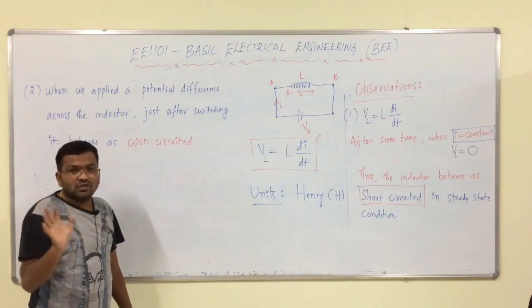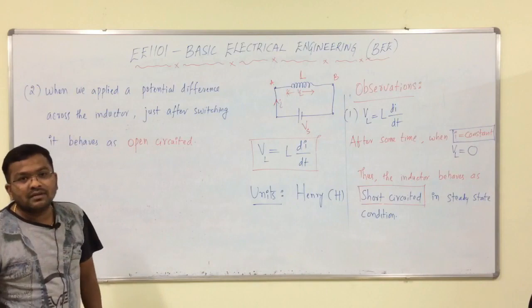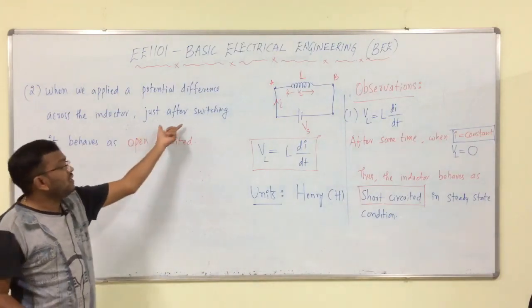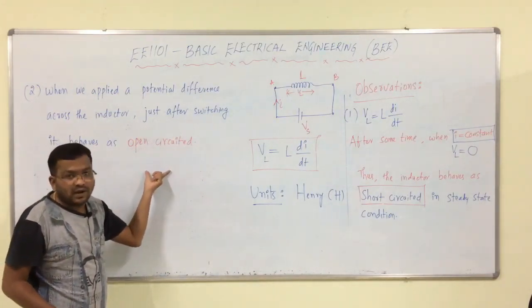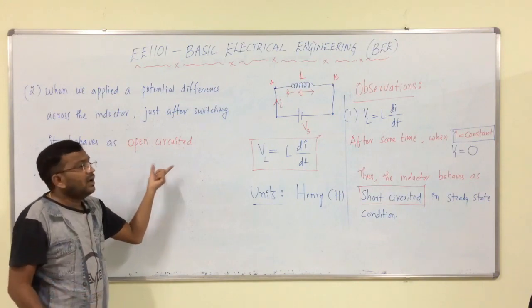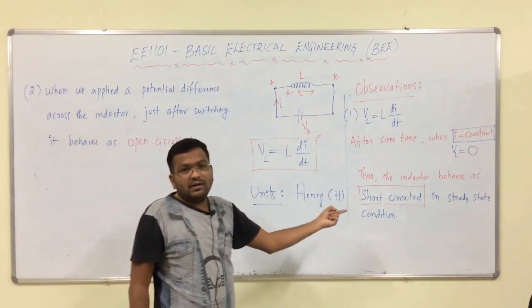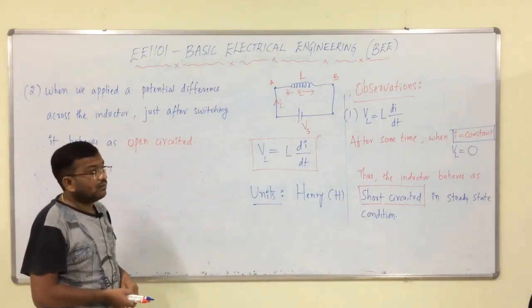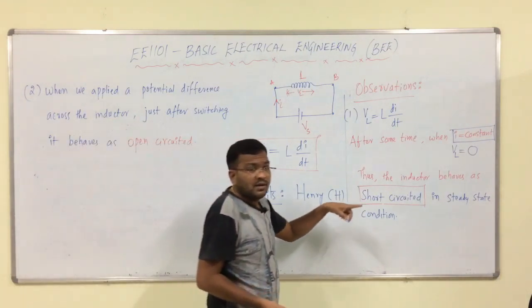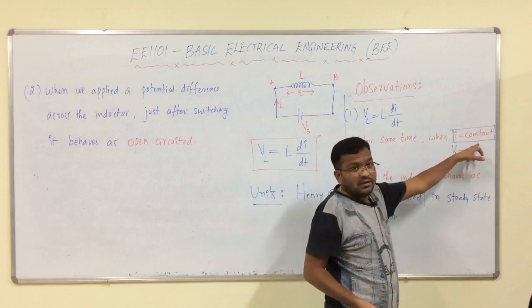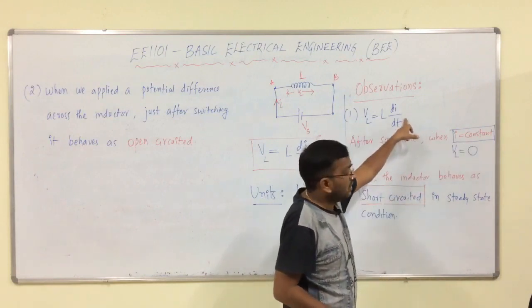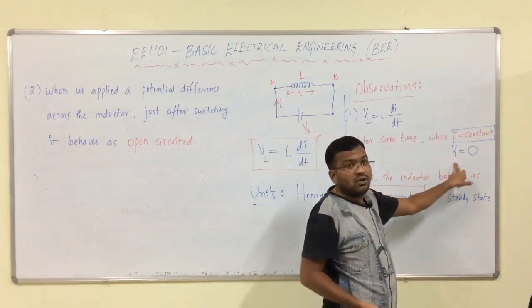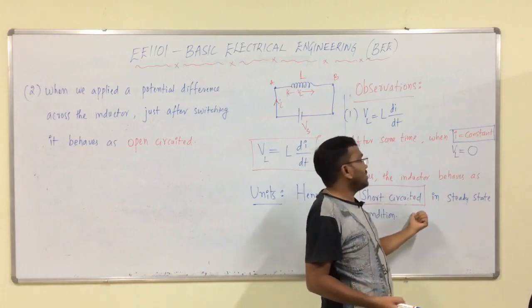For example, that is the question in your interview. Just after switching it acts as open circuited, after some time it acts as short circuited. Why does it act as short circuited? After some time, if the current is constant, obviously because of this equation the voltage across the inductor is 0, that is why it acts as short circuited.